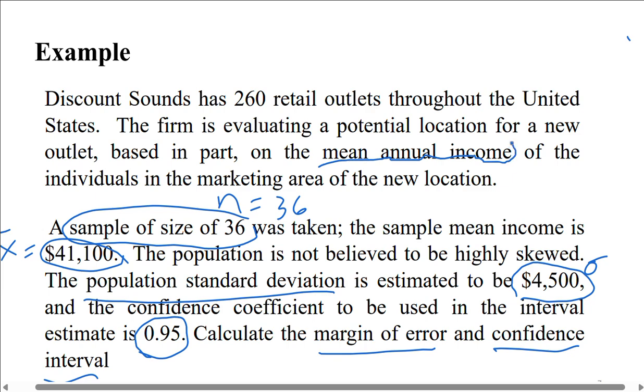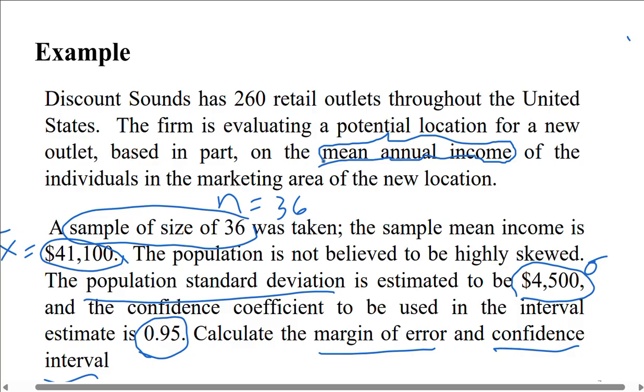So what we are hoping to find is the average annual income. This we do not know. But based on our sample and the sample average, we will be able to estimate at a certain level of confidence what the average annual income of the entire marketing area will be.